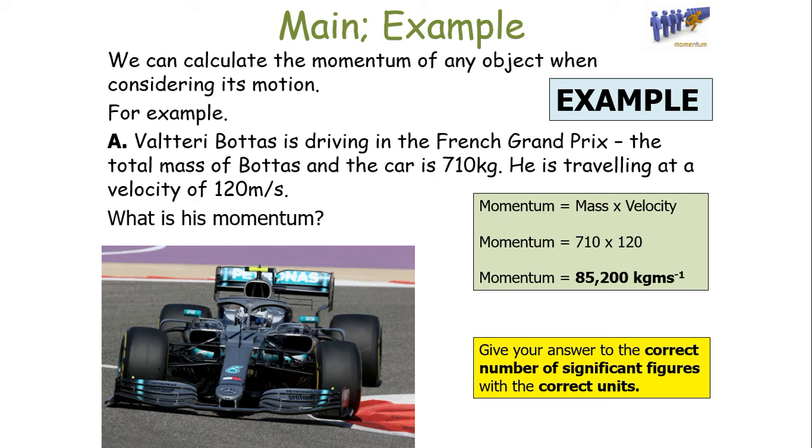In this case, you won't have to rearrange, but always try and do that. You then multiply the two numbers and you get an answer of 85,200 kilograms meters per second. Note again, we have the correct number of significant figures and the correct units. In each value, we've been given 3 sig figs, so we have our answer to 3 significant figures.